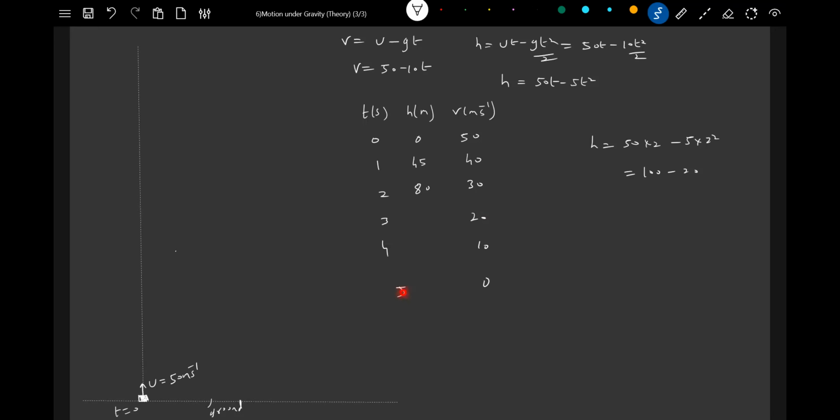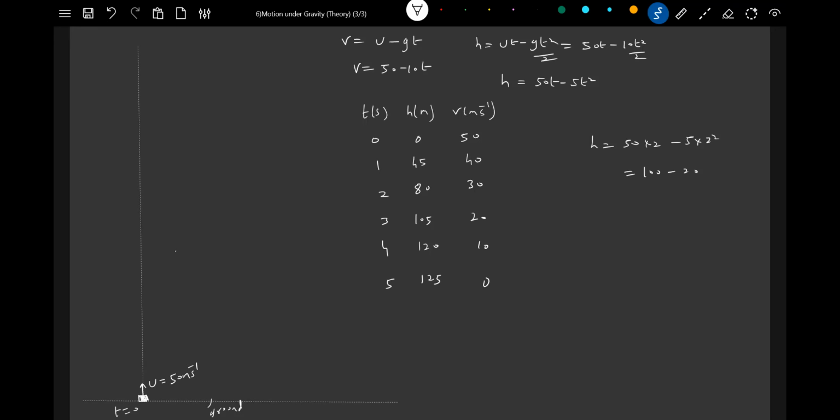Okay, let's calculate the height. 45 meters, then 35 meters, then this will be 105, 120. Check the calculation. Next again, it will ascend only 25, 15, and then it'll be 5.